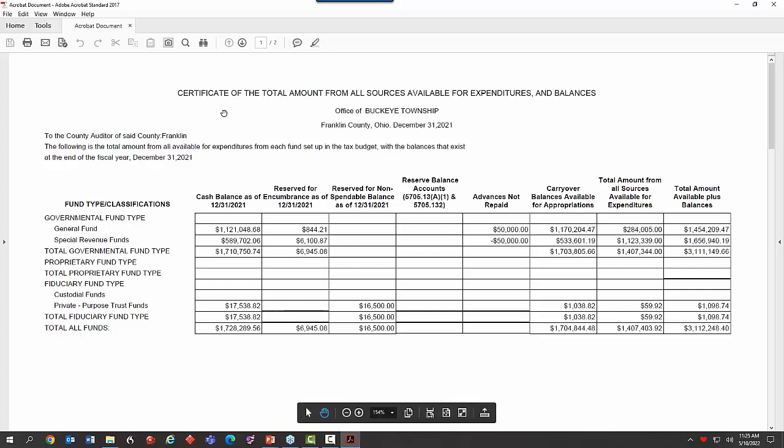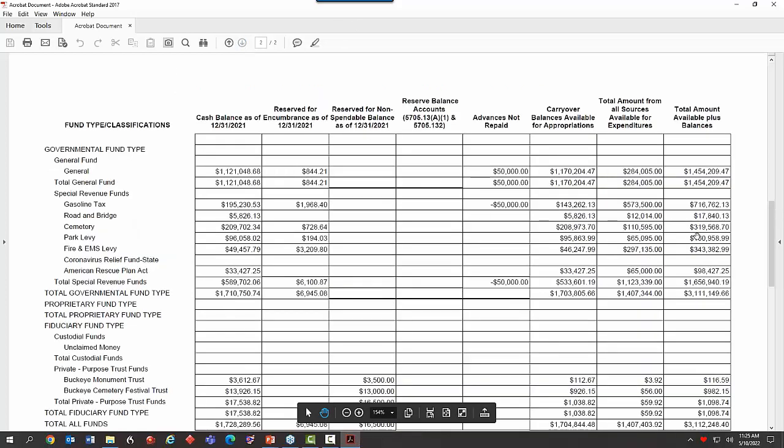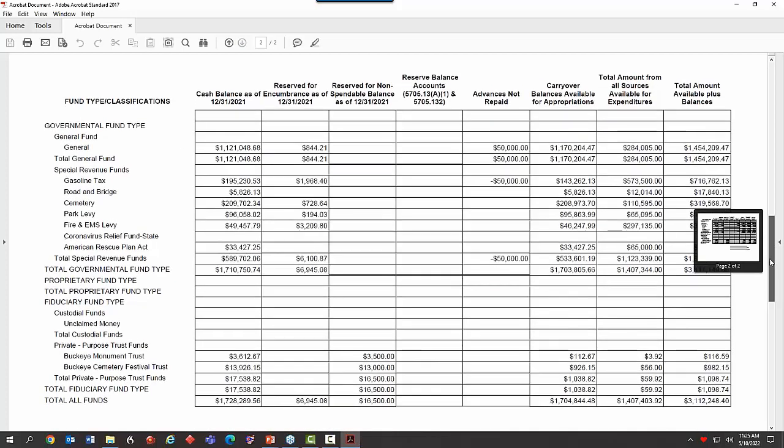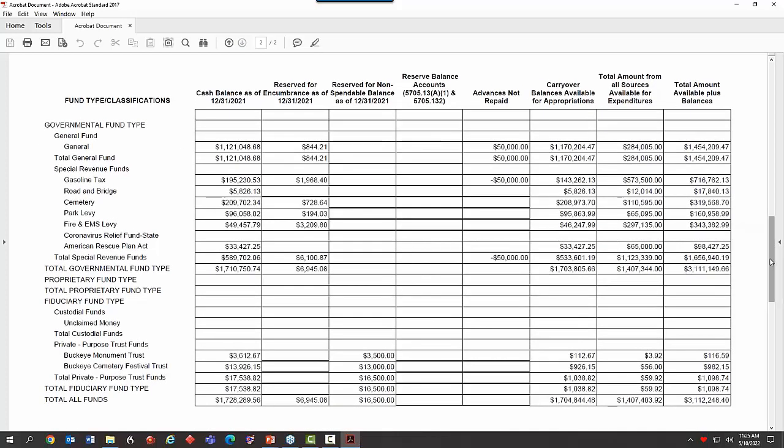If we go down to page 2, we can see the individual funds and then the total for that fund type. And I've got some samples in here, and we're going to go over this carefully. So now you can see under special revenue funds, all of my funds are listed. Individual funds, and then they're totaled, and then the total amount for each fund type goes to page 1.